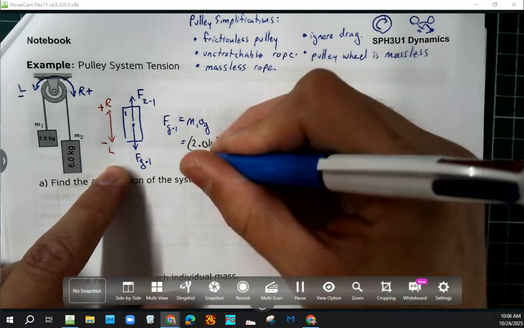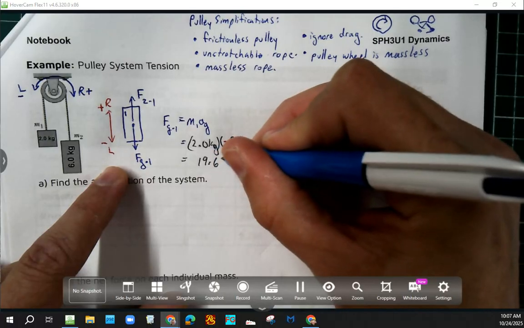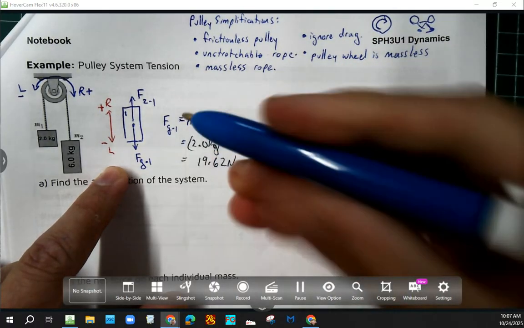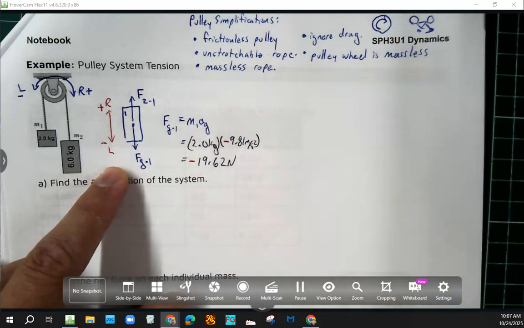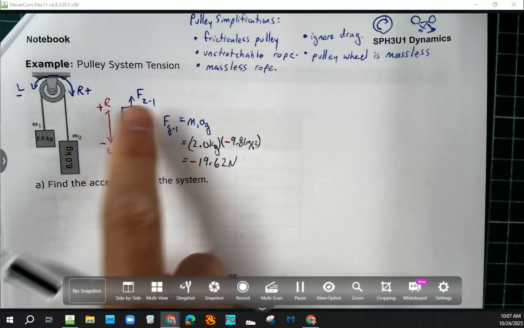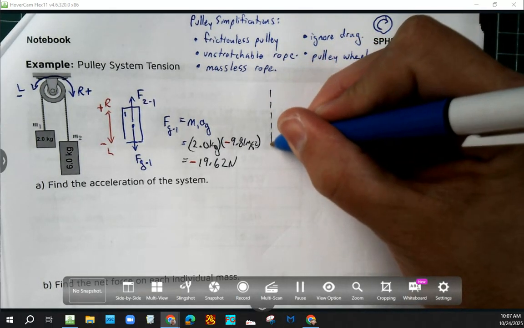And 2 times 9.81, 19.62 newtons. And the negative from the 9.81 carries forward to the negative 19.62 newtons. Okay, well, fair enough. I want to leave this just for a second because I actually don't know how to calculate force of 2 on 1 just yet. I got to do a little bit more thinking on that.